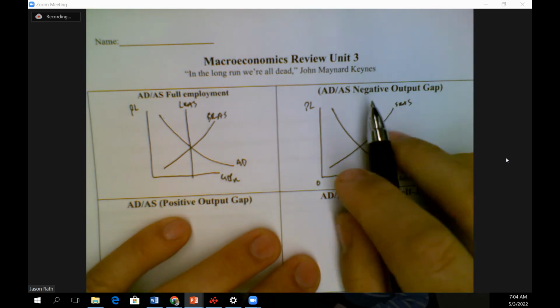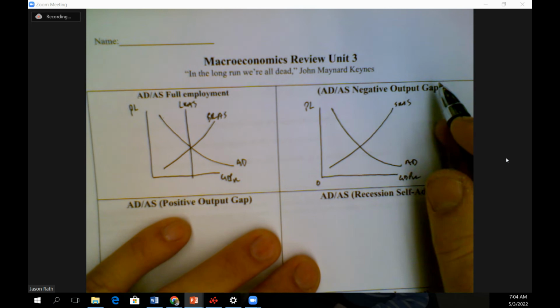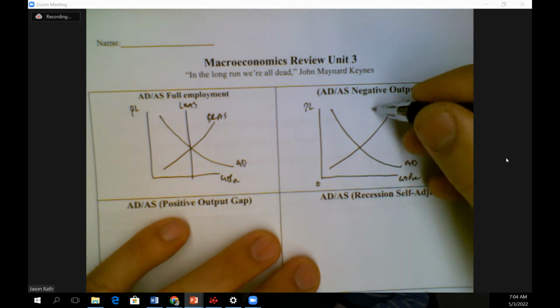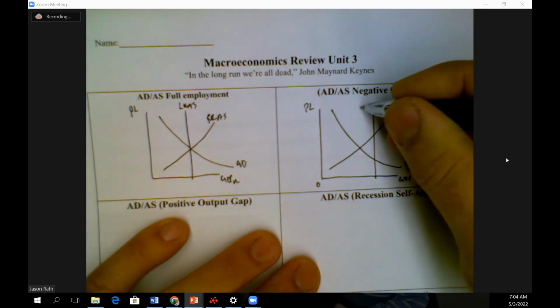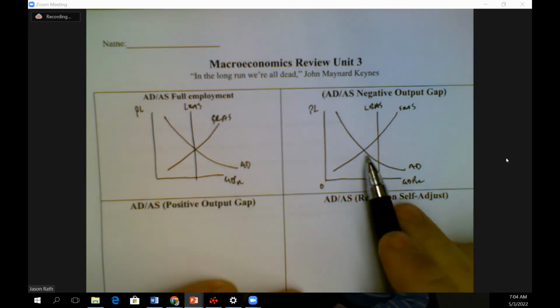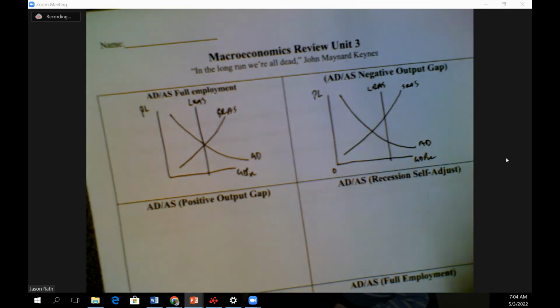Or... Well, no, we're starting negative output gap. Then just... Where's long run? Is it here? No, to the right. It's here? Yeah. So what does negative output gap mean? Below full employment. Okay, so this is a recessionary gap. This is where we want to be, and this is where we are. And then you would have to, like you said, how we get out of this, you shift demand, typically.